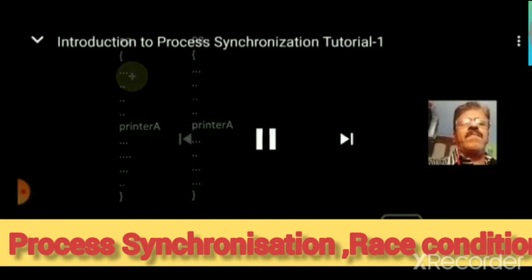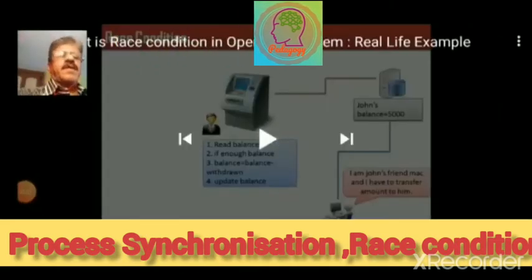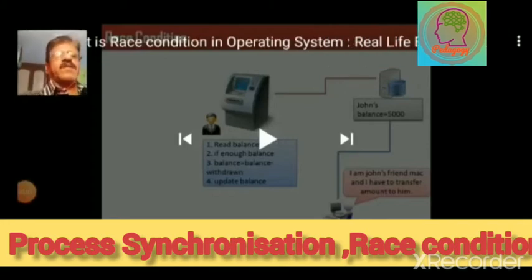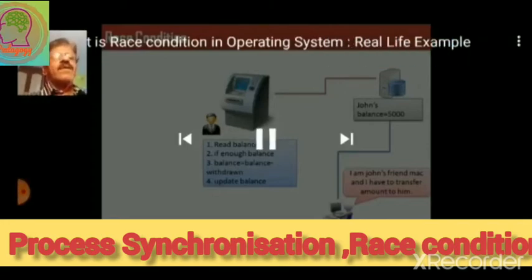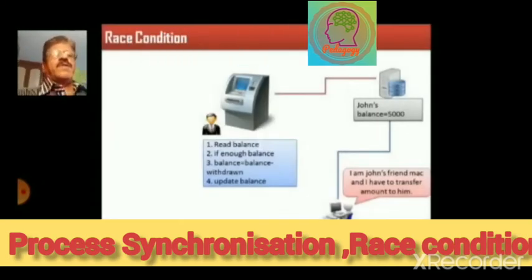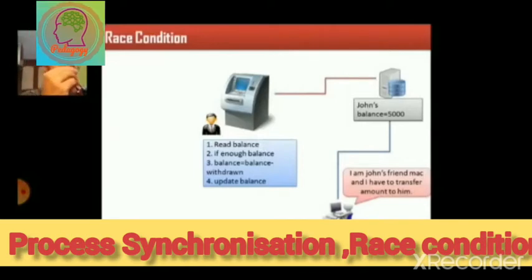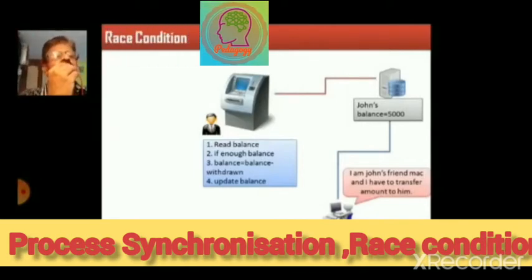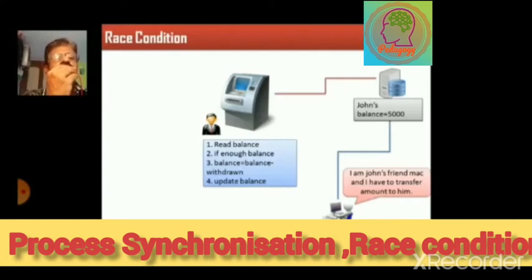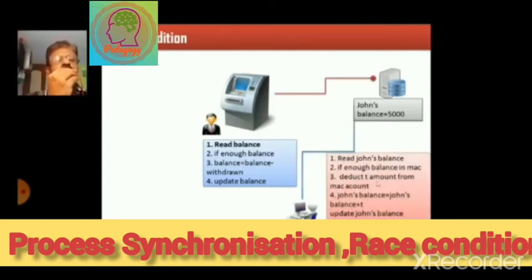Now take an example of an ATM counter. Suppose in the ATM counter, Mr. John has a balance of 5,000 rupees. He wants to withdraw some amount from the ATM counter.